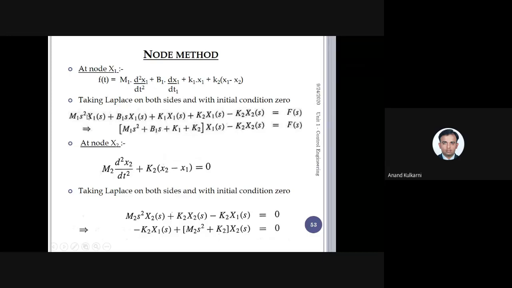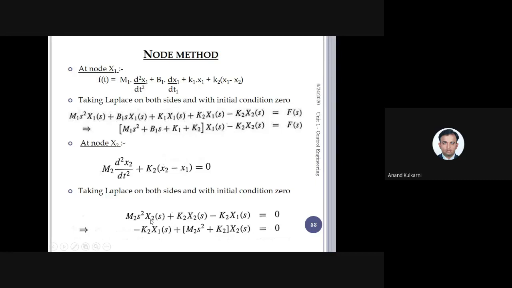So acceleration term s square, then capital X1 of s, plus b1 into the velocity term s X1 of s, plus the displacement terms k1 into X1 of s plus k2 into X1 of s minus k2 into X2 of s. So these terms we have written. We are rearranging things in terms of x1 and x2, and we get this equation.